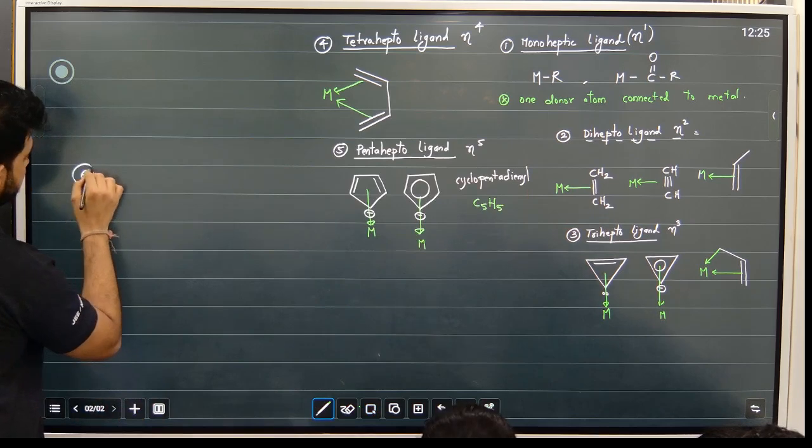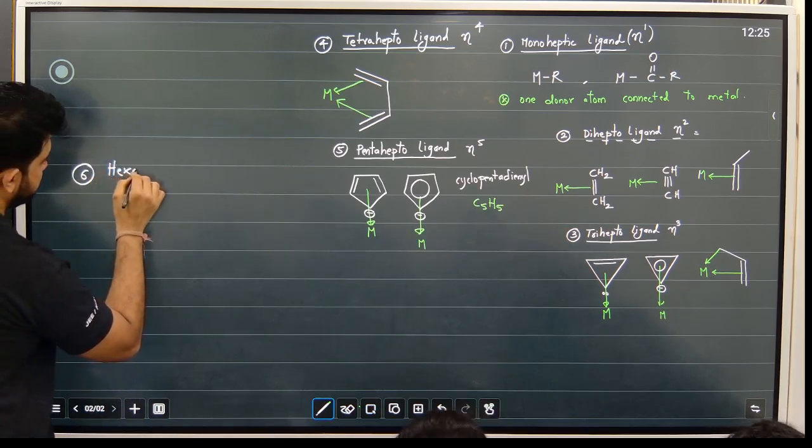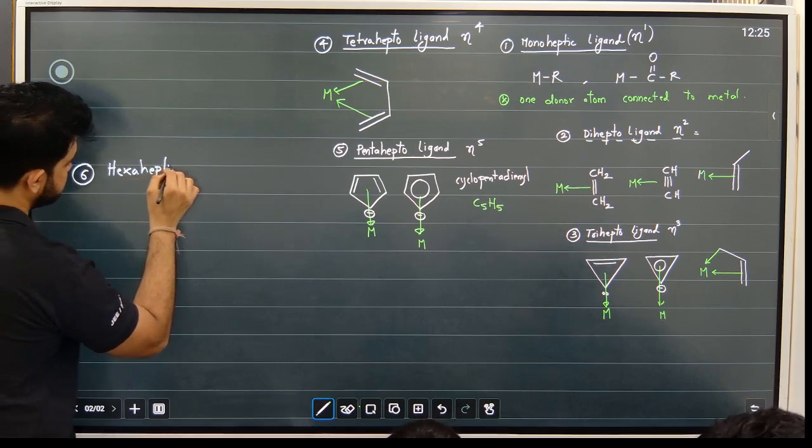And the last that we have is hexahapto ligand.